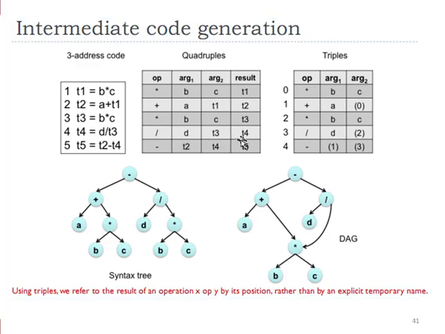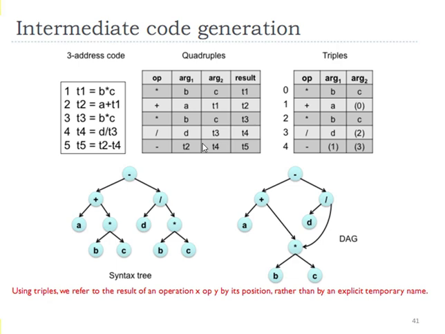And the quadruple is just a tabular representation having 4 columns, as its name implies. Quad means 4.